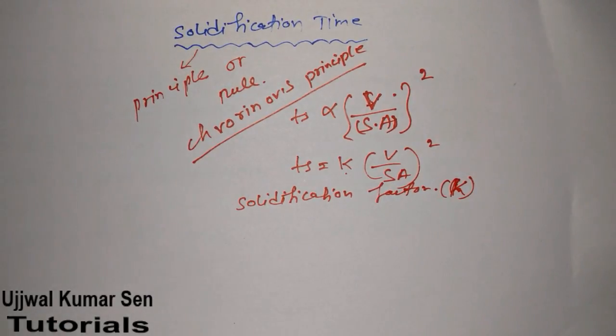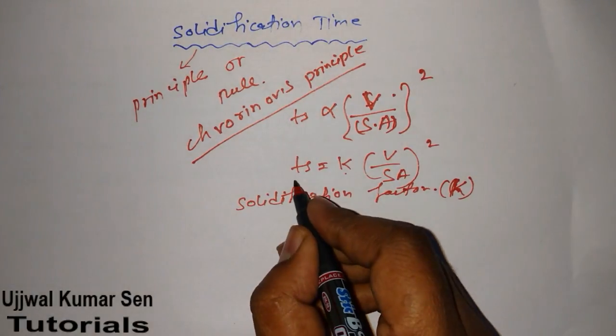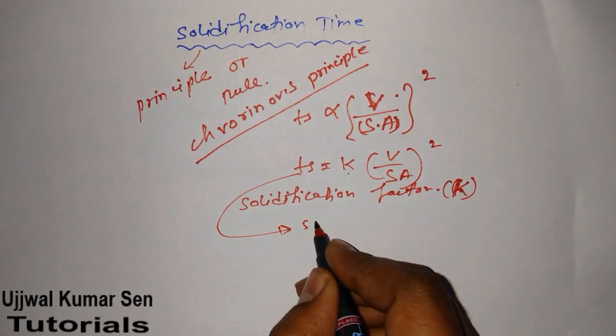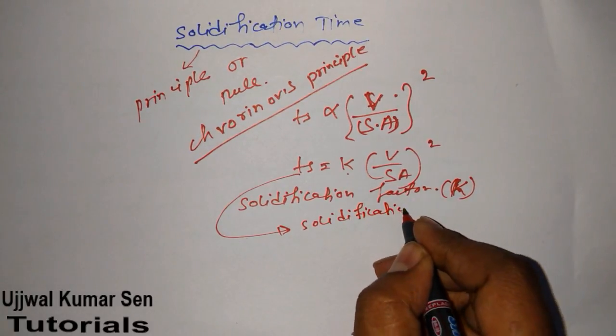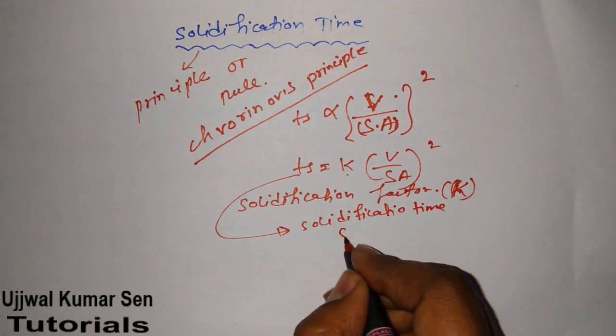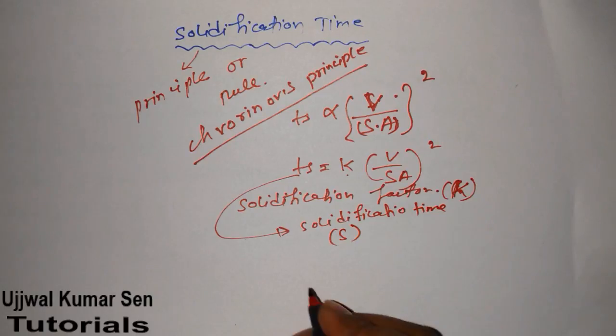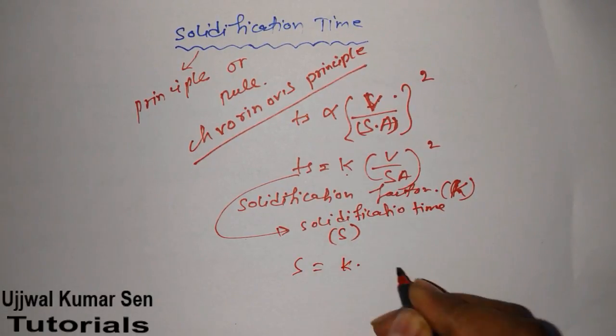One of the most important things in this video I am going to share with you is, what is the unit of K? You need to know. So how can you find out its unit, I am going to share with you. Probably you will forget in the exam. So this is solidification time, that means in second, if you are talking about SI unit, second. K, leave it.